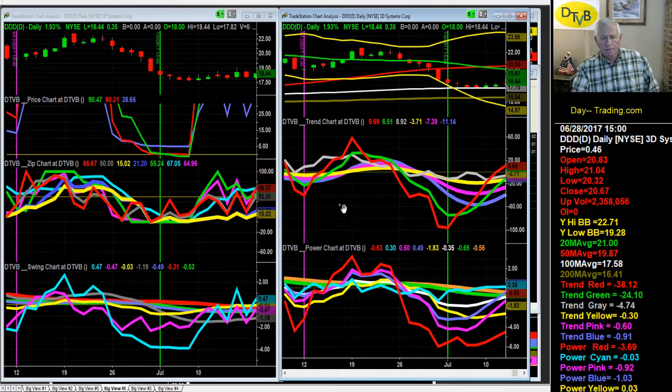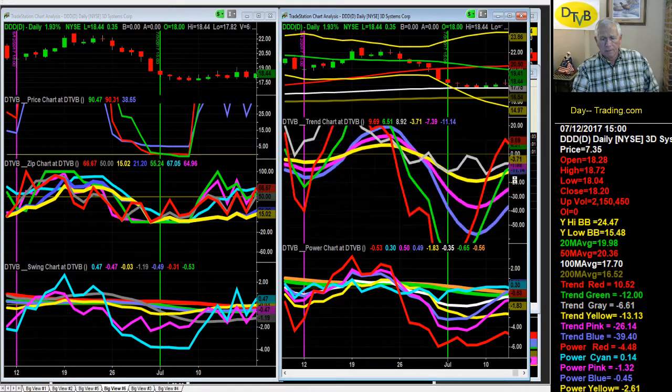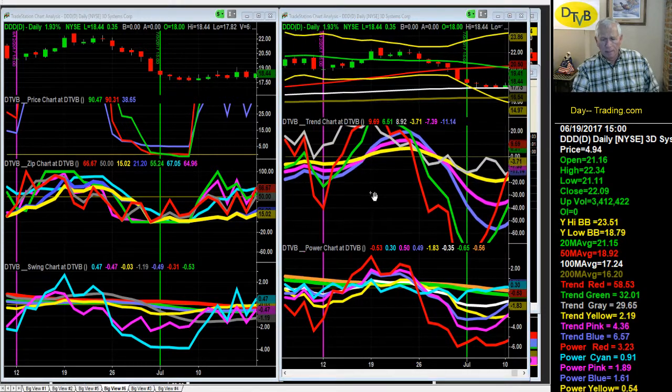Information, like for example, I'll just compare them right now. Look at the pink vertical line, and you can see that yellow, pink, and blue are under 0, but the spread, the difference between the lines, is very small compared with the spread over here on the green vertical line.